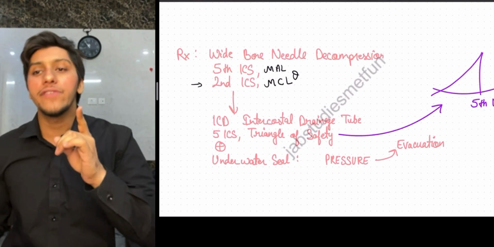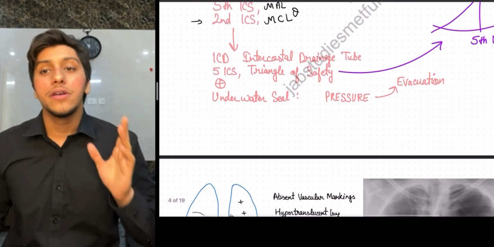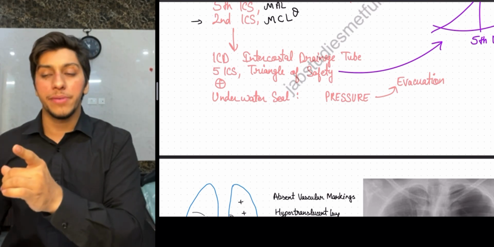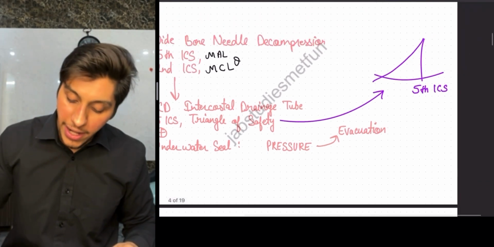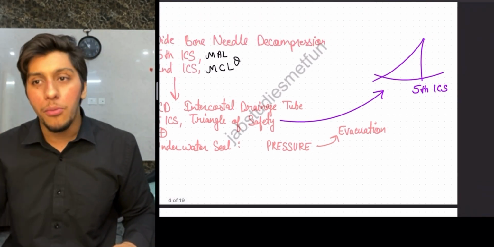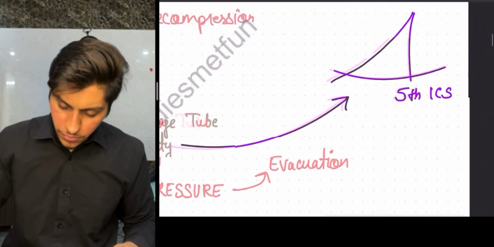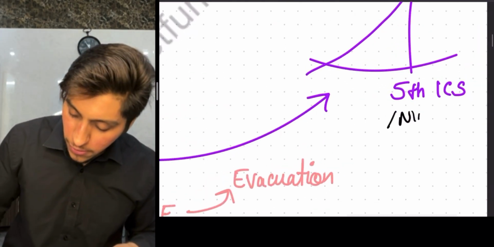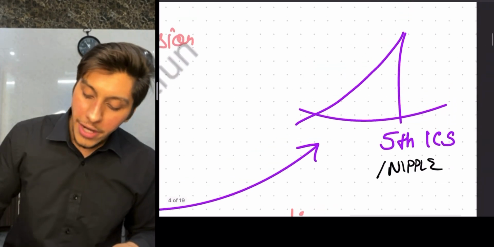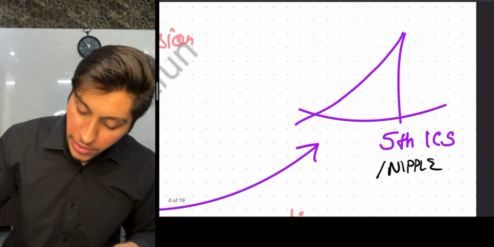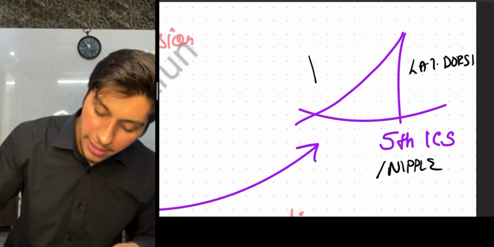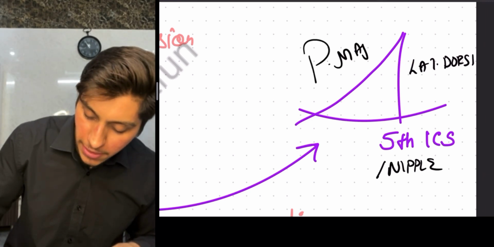The definitive management is going to be ICD, intercostal drainage tube. And where do you put the intercostal drainage tube, guys? We are going to put it in the triangle of safety. Now, what are the borders of the triangle of safety? The base is made by either the 5th intercostal space or the nipple. The other borders are made with the help of the latissimus dorsi muscle and the pectoralis major muscle.